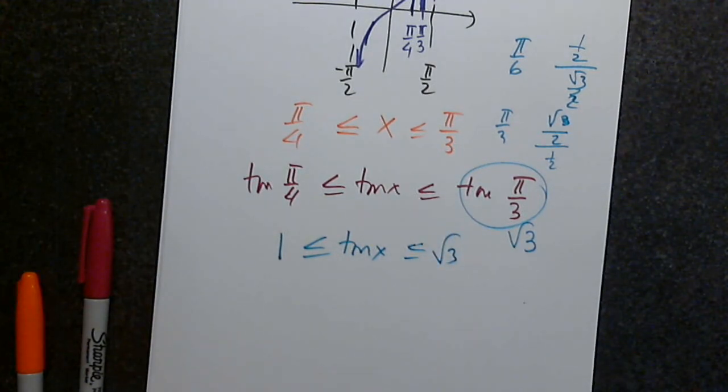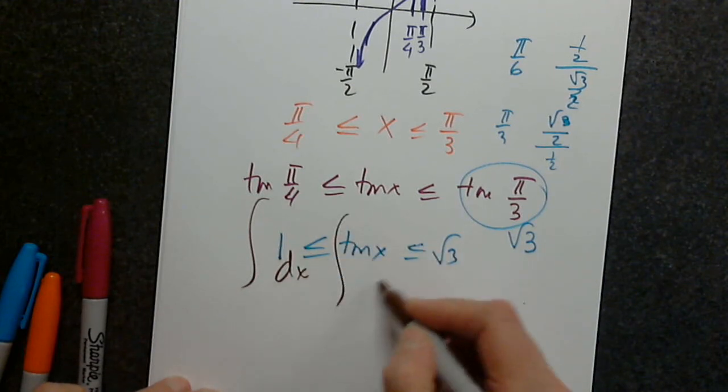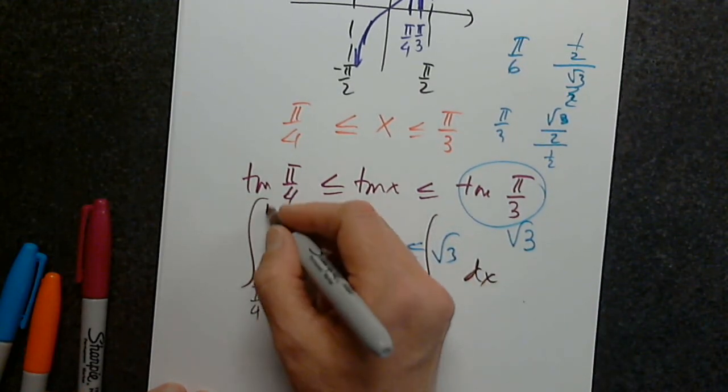All we needed to know is that between pi over 4 and pi over 3, tangent, if you want, can be squeezed in a way between 1 and the square root of 3. That's all I need. And now I will apply the integral dx, of course the definite integral, from pi over 4 to pi over 3.